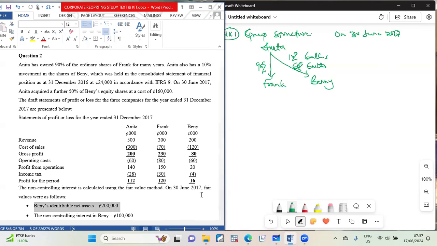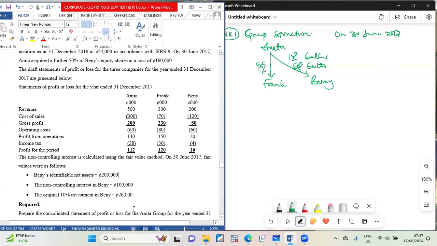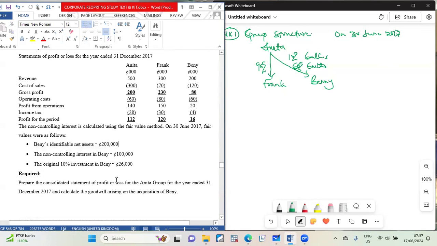So here our focus is to see how we will do the goodwill. We are preparing the consolidated statement of profit or loss, and we are also supposed to do the goodwill.